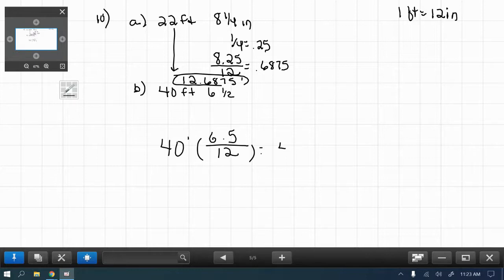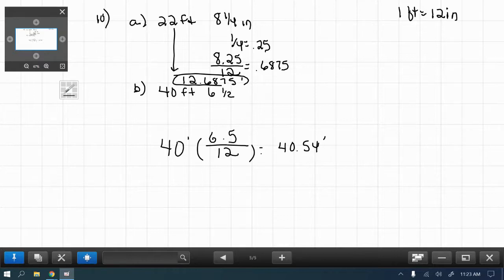What'd you get? So I know that 6 inches is 0.5. I know 7 inches is 0.58. I know 8 inches is 0.66666. I know 9 is 0.75. I know 10 is 0.83333.